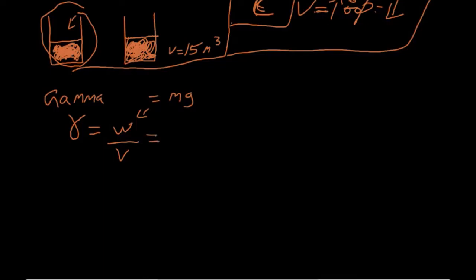So therefore you can say mass times gravity over volume. Now remember, mass over volume is density. So therefore we can say gamma is equal to density times gravity.